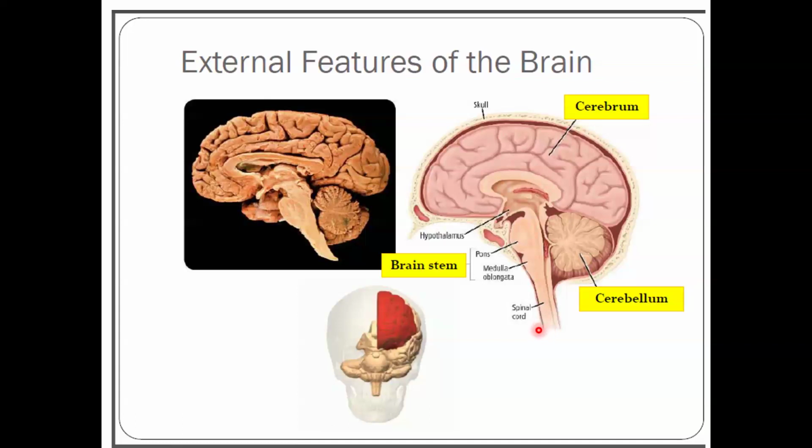These are the components of the central nervous system. The central nervous system is formed of brain and spinal cord, and the brain is further divided into cerebellum, cerebrum, and brain stem. All functions of those parts are explained in the previous table.